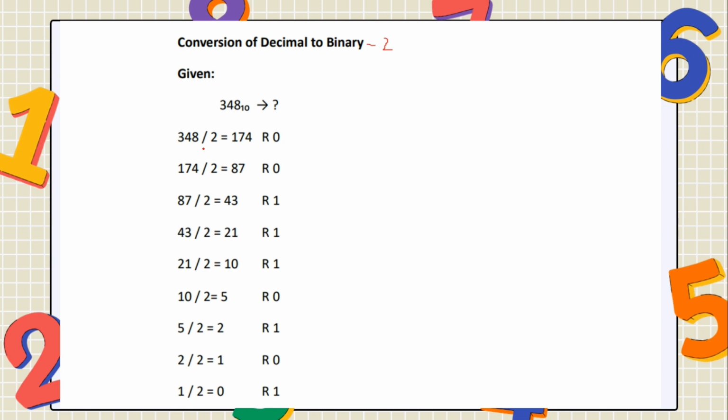348 divided by 2 equals 174. Once whole number ang answer, 0 ang remainder niya. So, padayon sa 174 divided by 2 equals 87. Whole number again. So, 0.